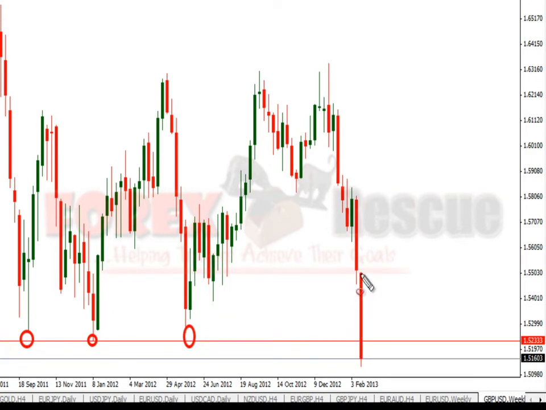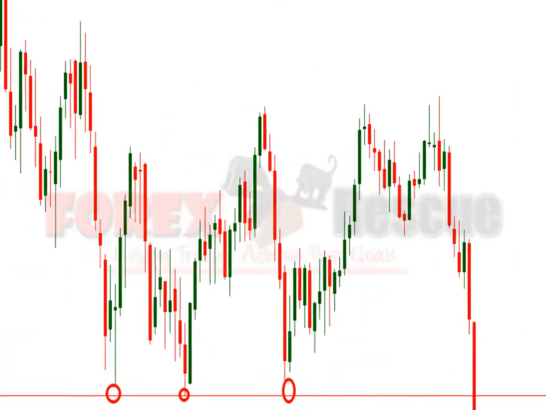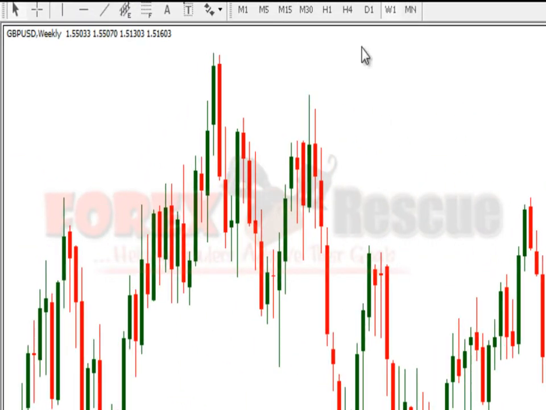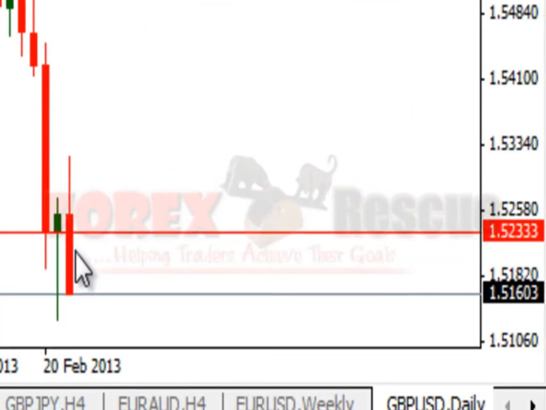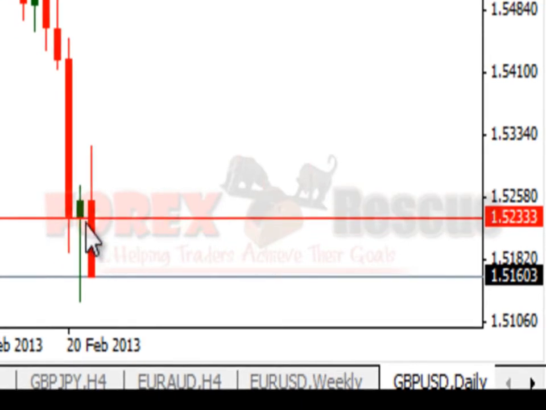As it stands, we can see a mighty bearish market momentum that has compromised this major area of support. So this area of support has been compromised with this long bearish momentum candle. Now, if you go to your daily time frame, you can see the formation of a bullish pin bar.